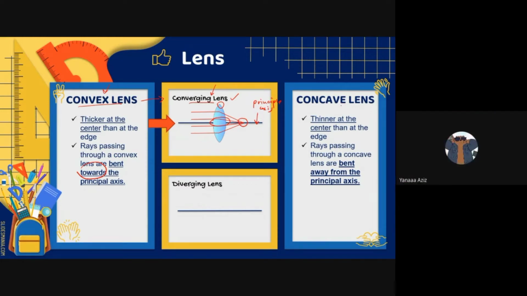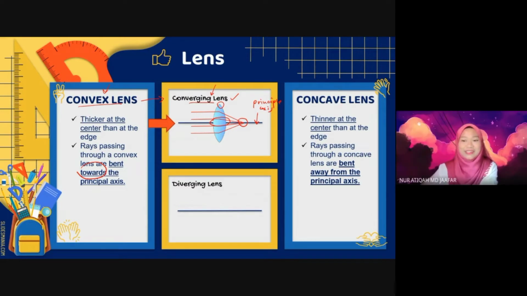Okay, good. So let's take a look at another type of lens, which is concave lens. Concave lens is also known as diverging lens. Convex lens, converging lens; concave lens, diverging lens. You have to remember. Concave lens is thinner at the center.